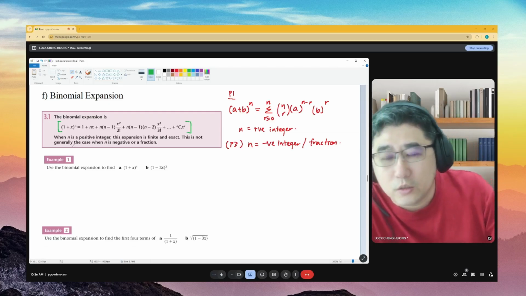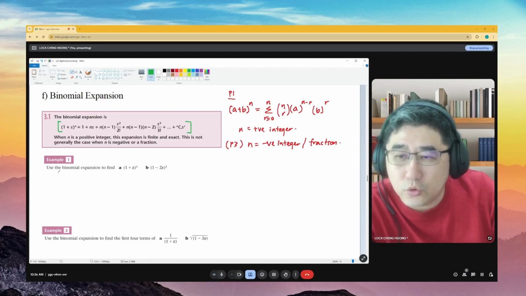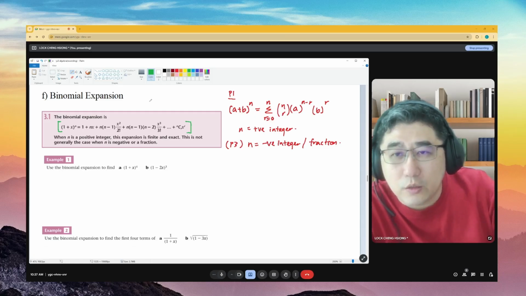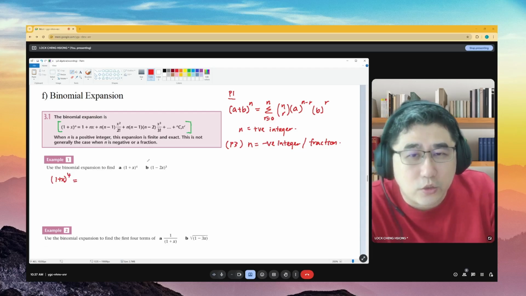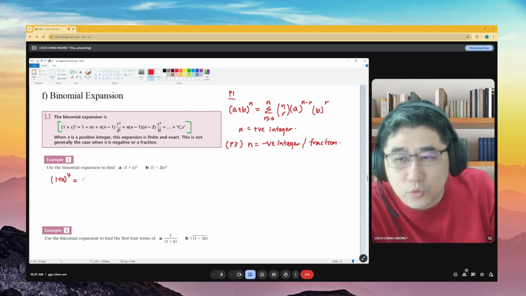For the first example, I have (1 + x)^4, so we can use our P1 formula. I will have 4C0 1^4 x^0 + 4C1 1^3 x^1 + 4C2 1^2 x^2 + 4C3 1^1 x^3 + 4C4 1^0 x^4.